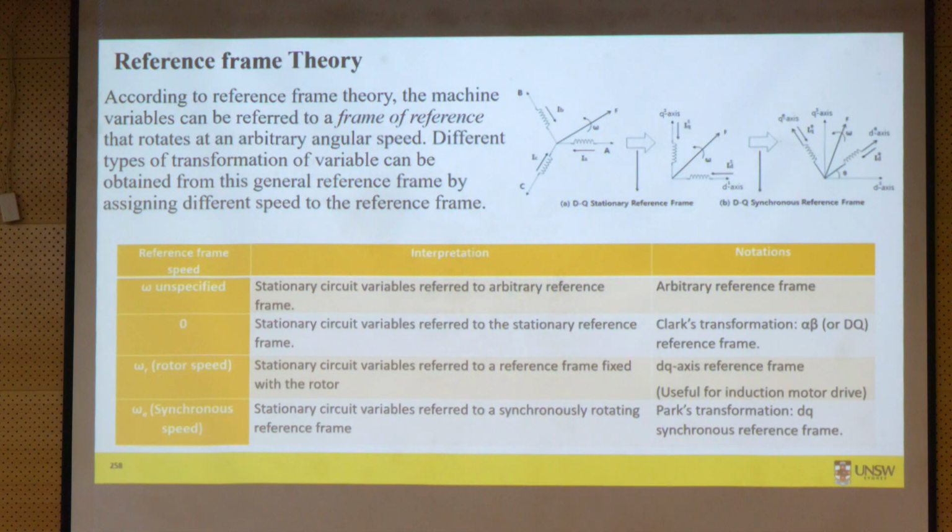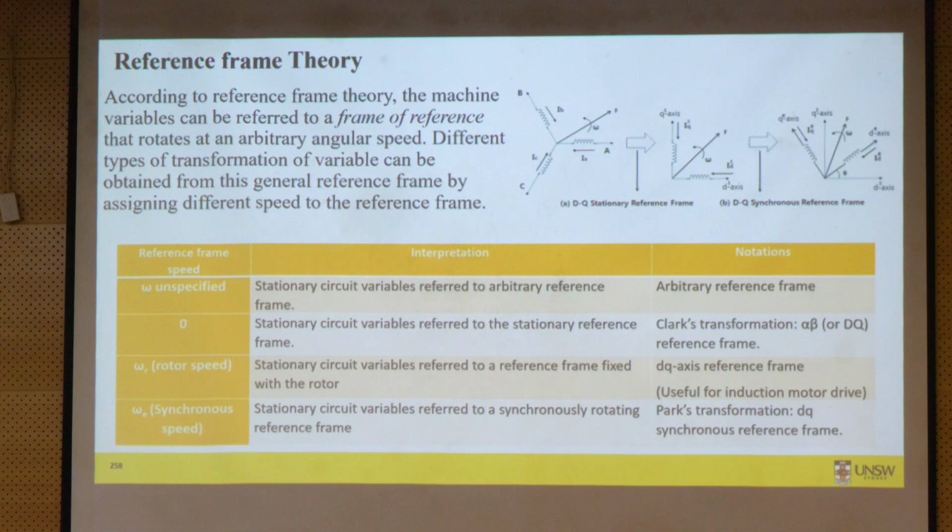Okay, and I guess you have understood the reference frame theory, the transformation. It comes from the concept of the rotating magnetic field. We can get the same rotating magnetic field that we get with balanced three-phase current also with two-phase.